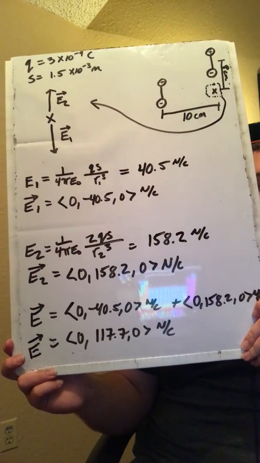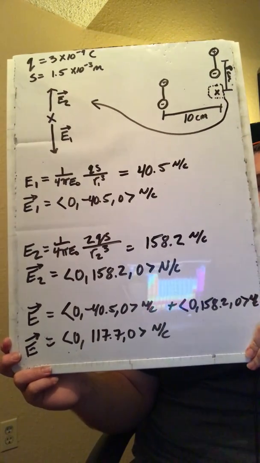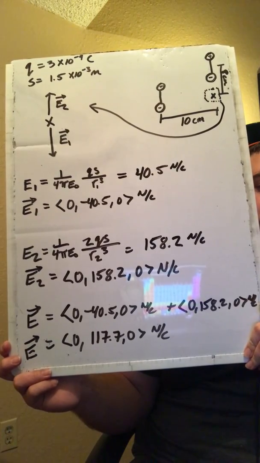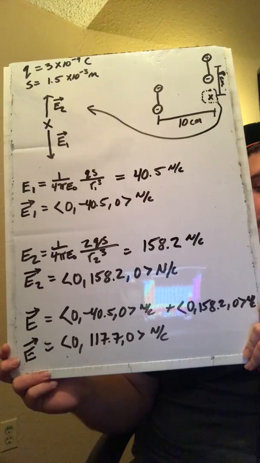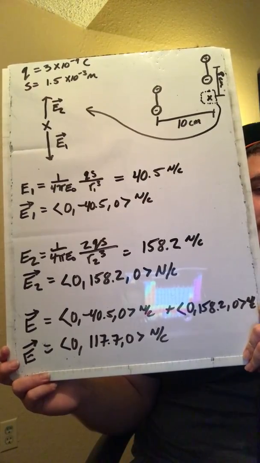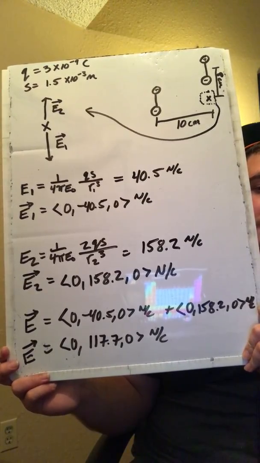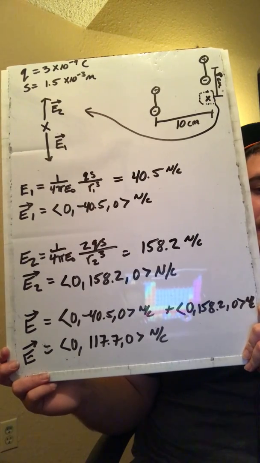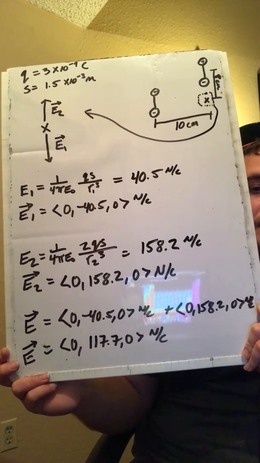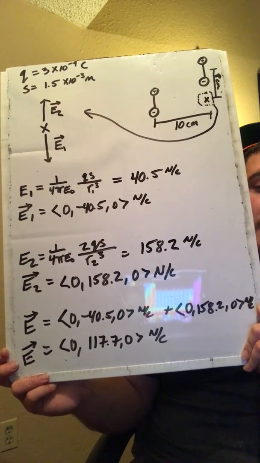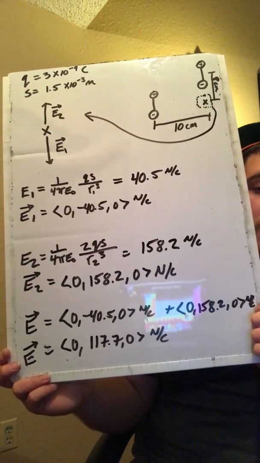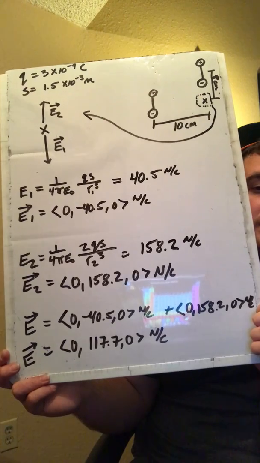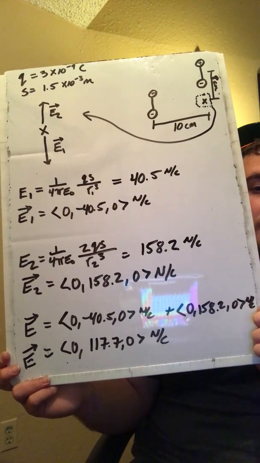The second step is going to be almost exactly the same. However, we're using the equation for parallel instead of perpendicular, as was the case in the first part of the question. With parallel, the equation is 1 over 4 pi epsilon naught times 2 times q times s over r cubed. So we're basically just adding a 2 into the numerator.